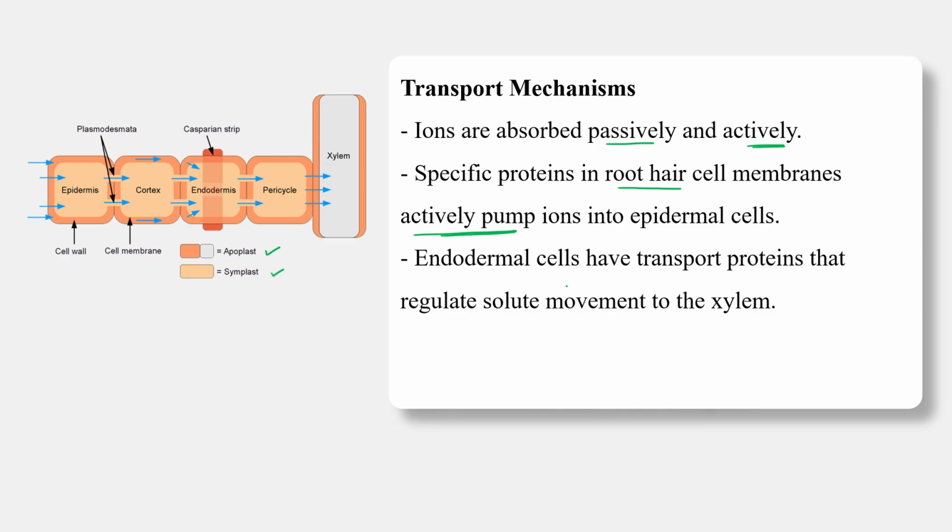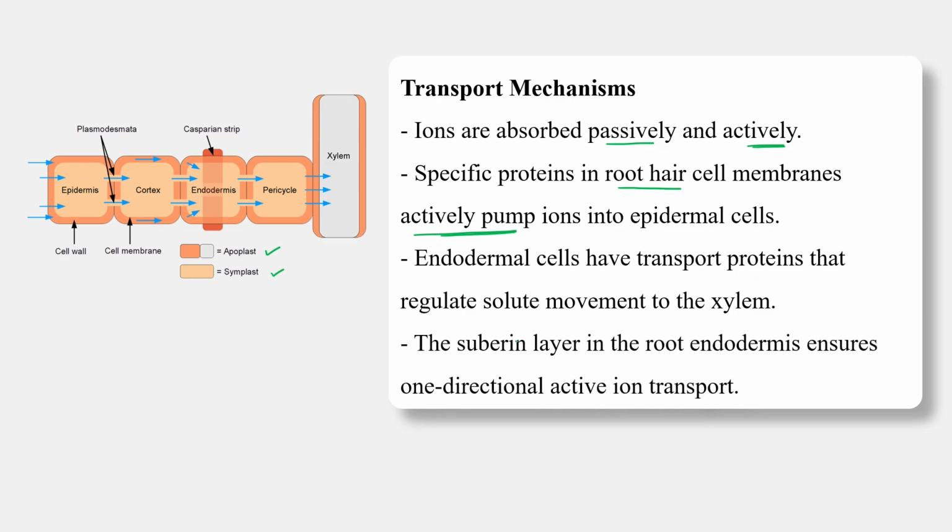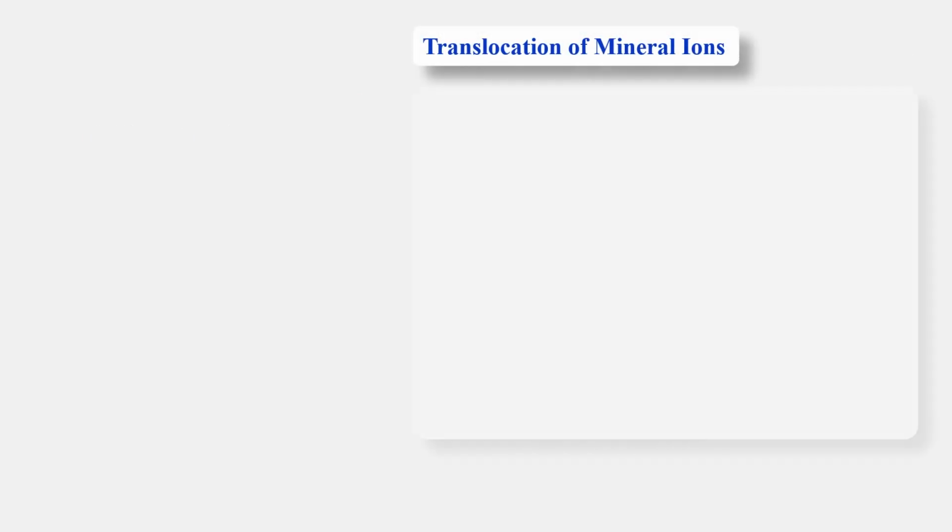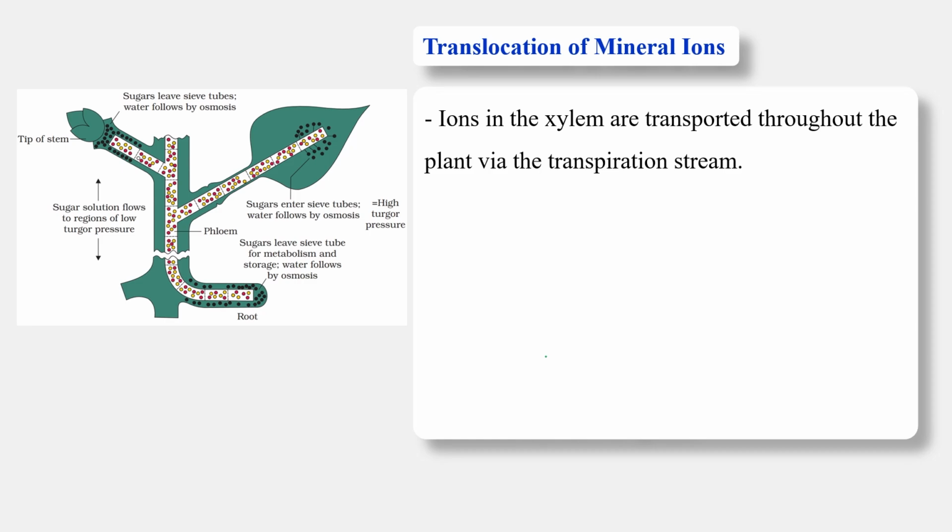So endodermal cells have transport proteins that regulate solute movement into the xylem, as the endodermal layer contains a suberin layer, okay, which ensures one-directional active ion transport. Active ion transport. Clear?